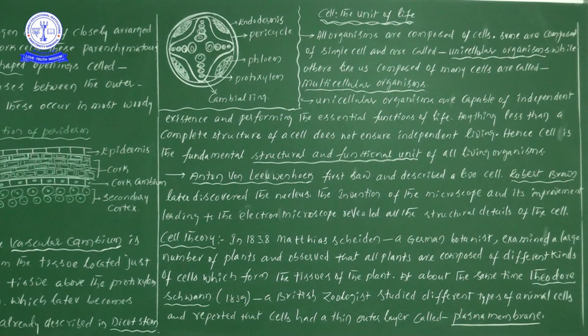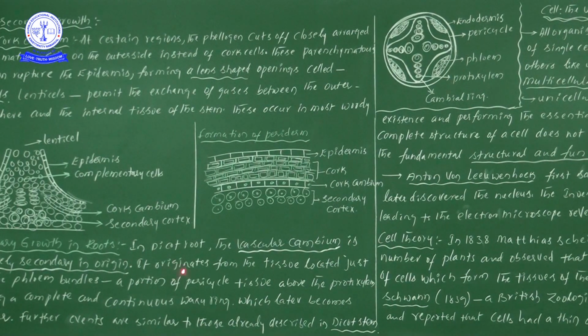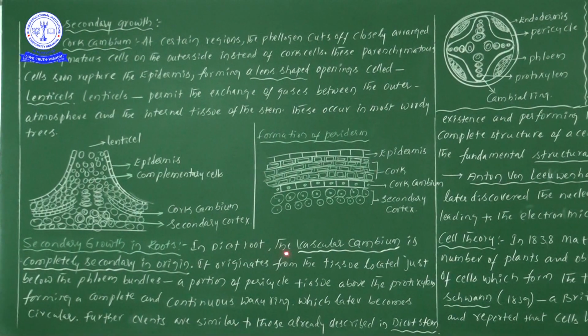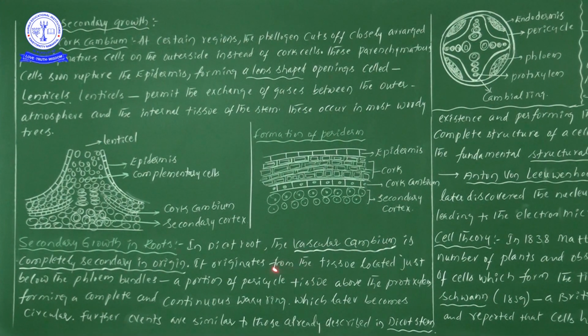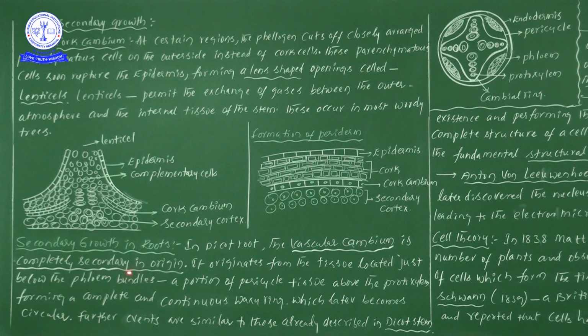From the secondary growth point of view, the main important point I am going to give you is that in a dicot root, the presence of vascular cambium is completely secondary in origin. Did you understand the point? So in a dicot root, the vascular cambium is completely secondary in origin.